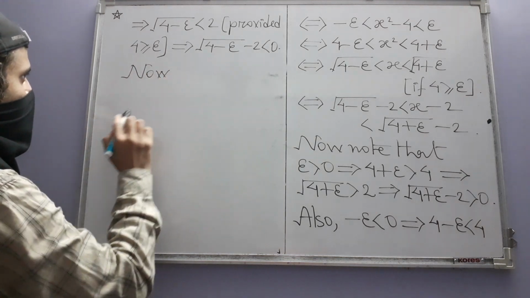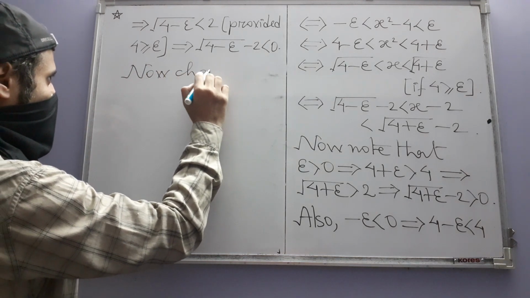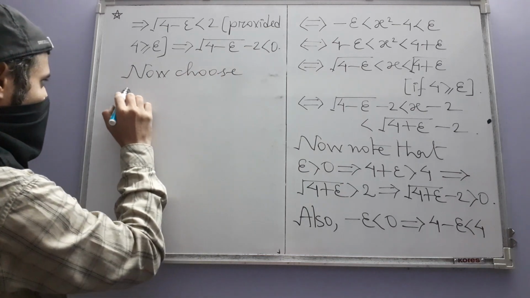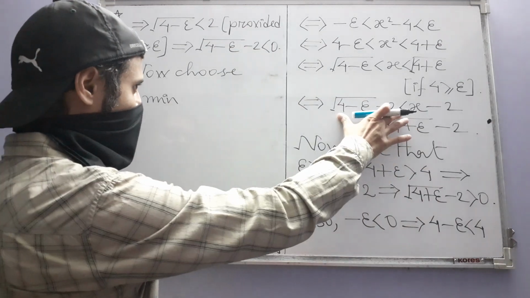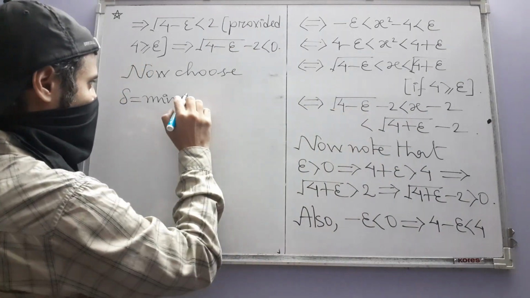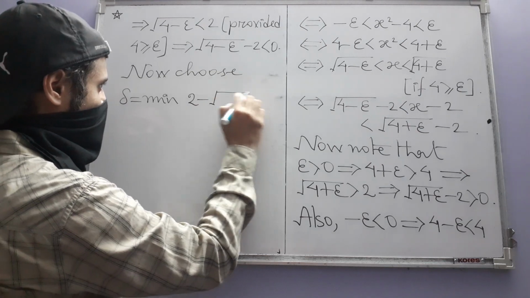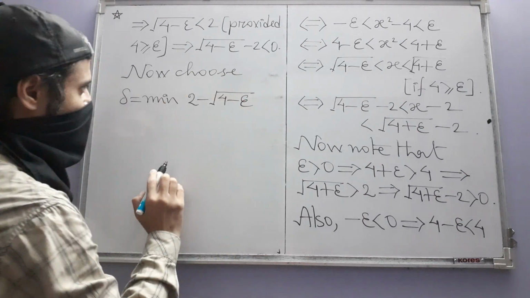And now we make our choice of delta. Choose delta to be the minimum of the absolute value of this. Because this number is negative, the absolute value is this.